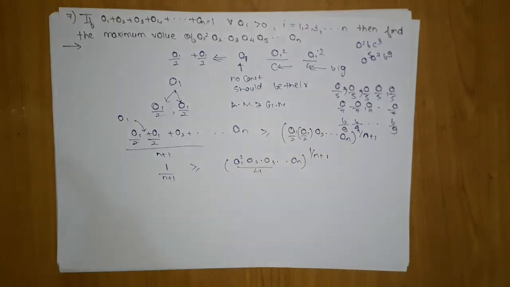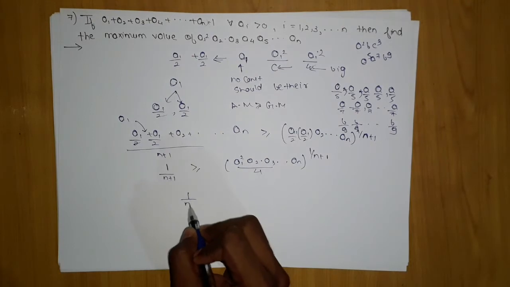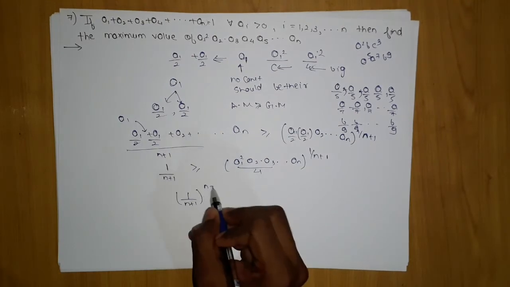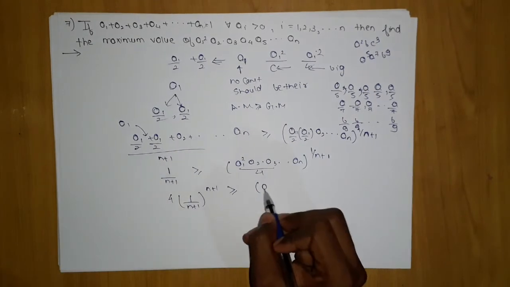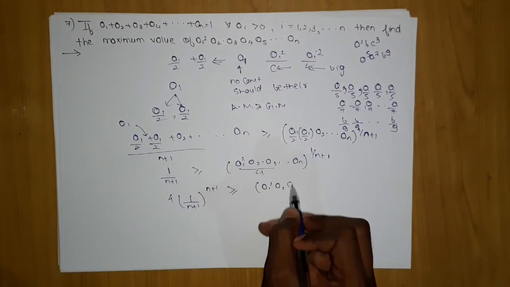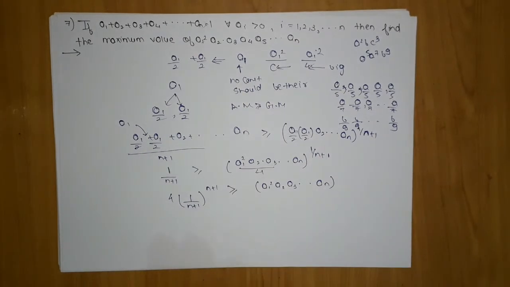So we can move this power here, which will give me 1 upon n plus 1, power n plus 1, greater than, and here 4 will be multiplied, which will give me a1 square, a2, a3. So this is the maximum value of the product which is possible, which is nothing but 4 into 1 upon n plus 1, power n plus 1.